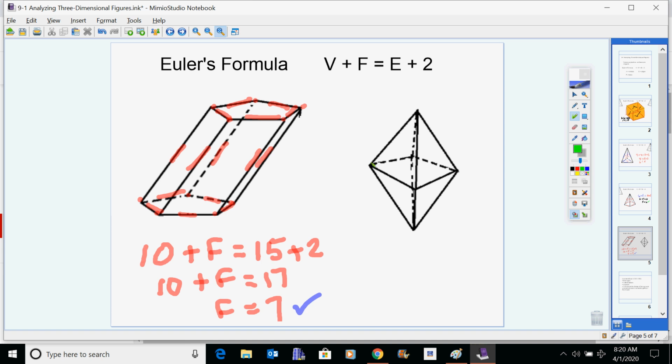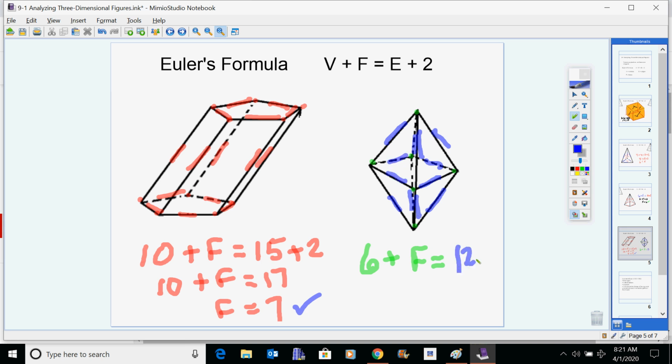So I have 1, 2, 3, 4, 5, 6 vertices plus number of faces equals edges: 4, 1, 2, 3, 4 up here. 1, 2, 3, 4 down here makes 8, 9, 10, 11, 12.